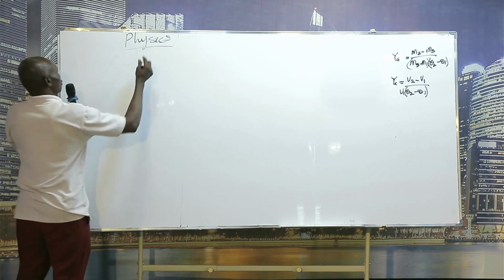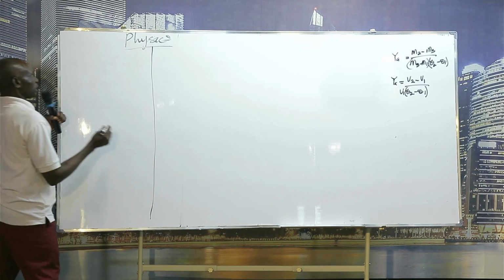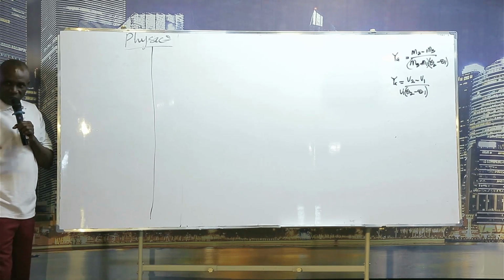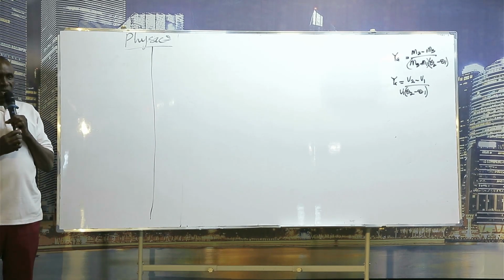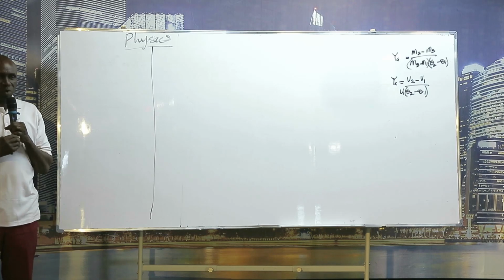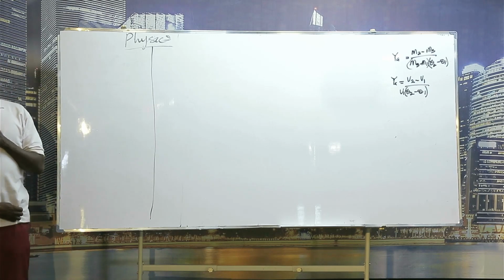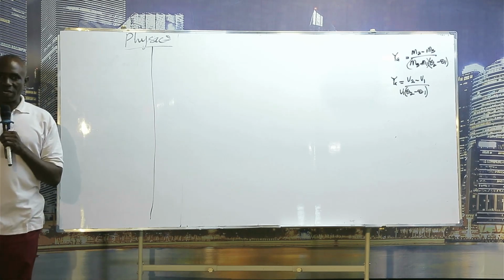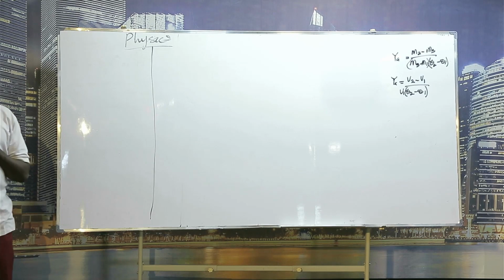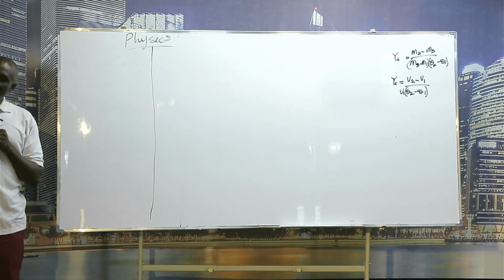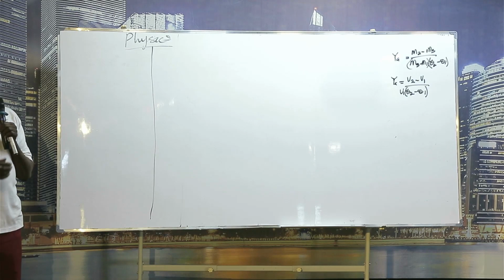I am talking about cubic expansivity of liquid. Please write it down. We're no longer talking about solid now. But at the end of it, we'll combine all of them and answer questions.